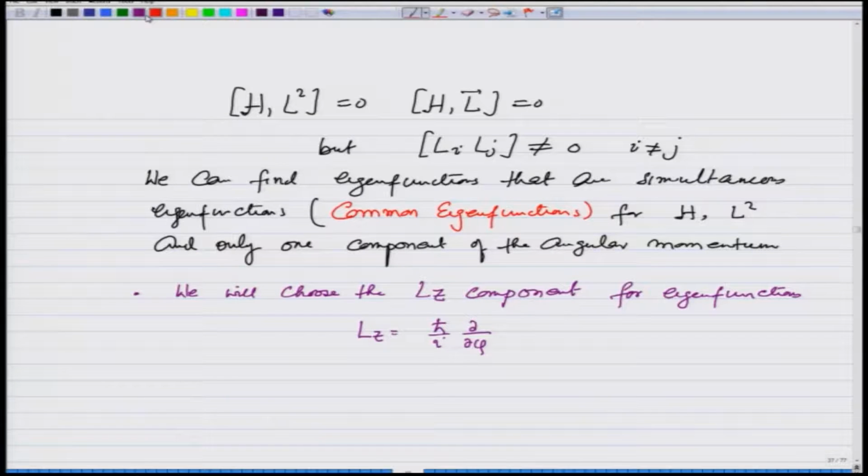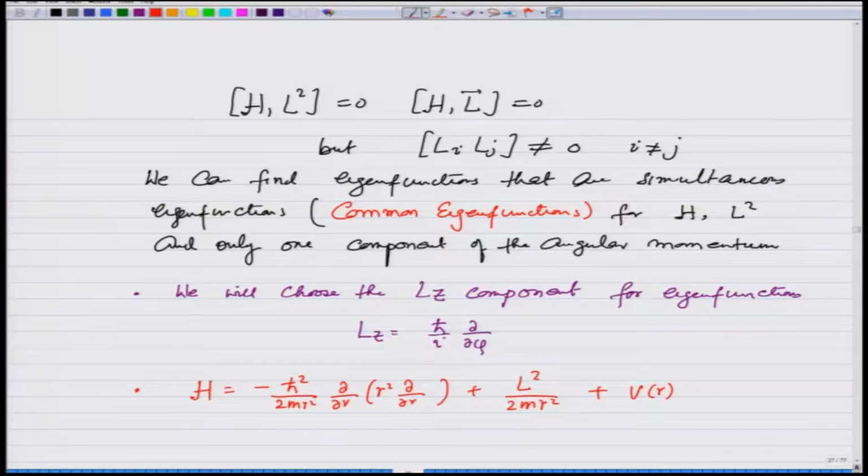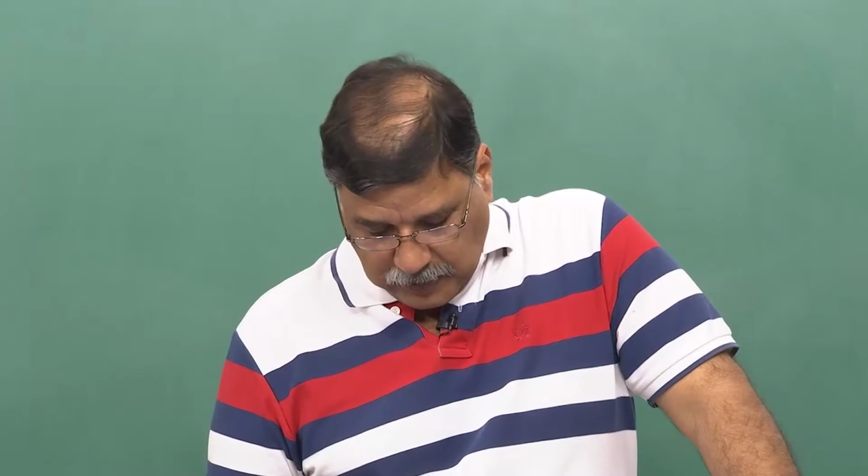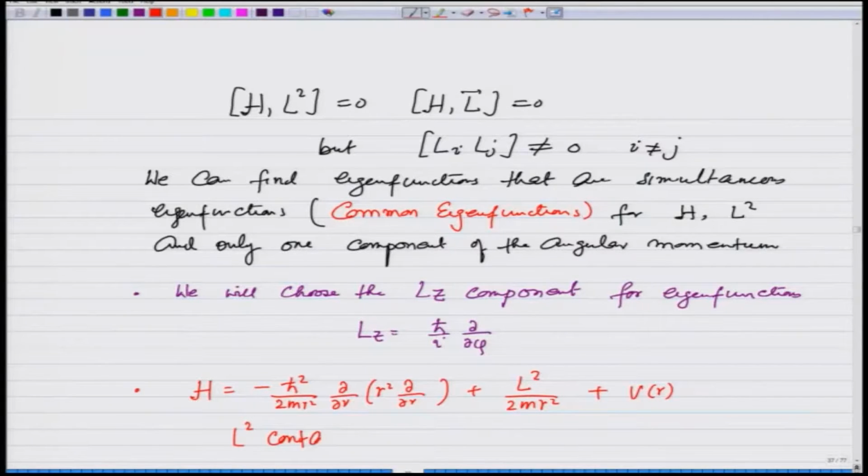And we also found that the Hamiltonian can be written as minus h cross square over 2m r square, partial r square partial with respect to r, plus L square over 2m r square, plus V(r). And L square contains only theta and phi derivatives.